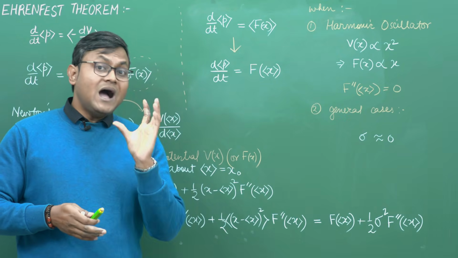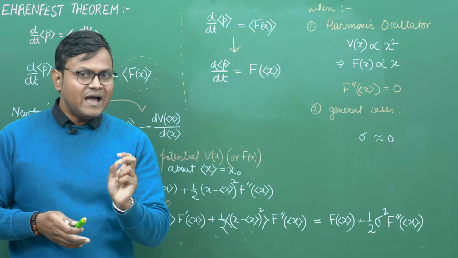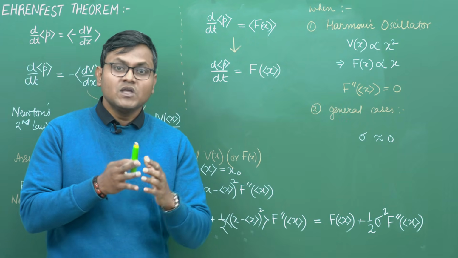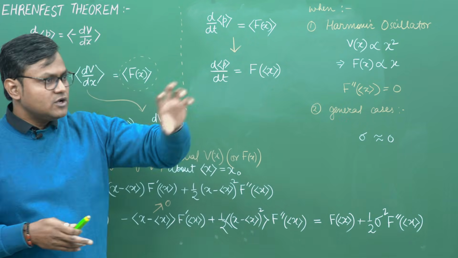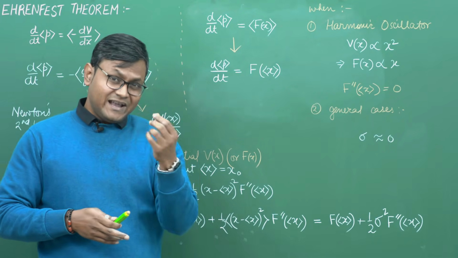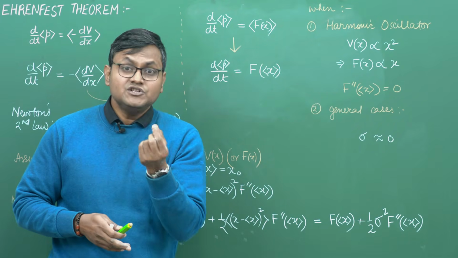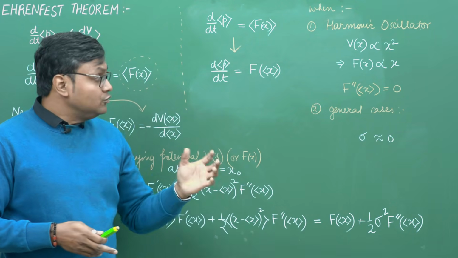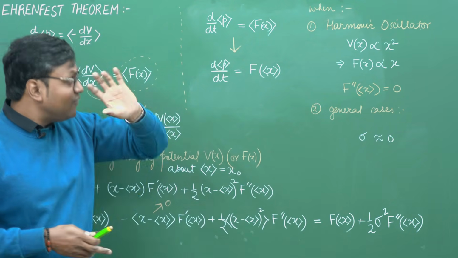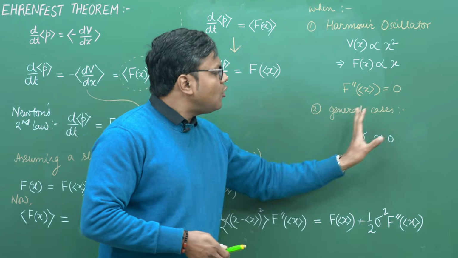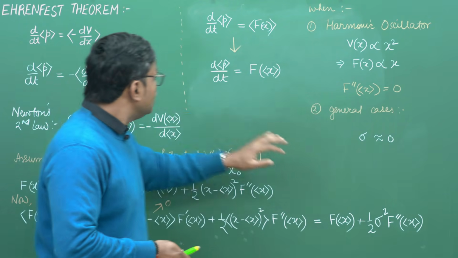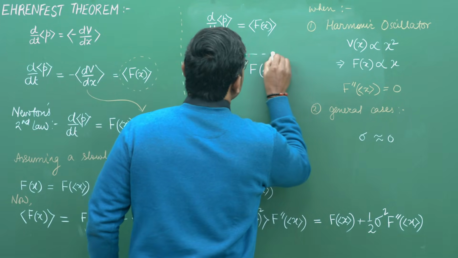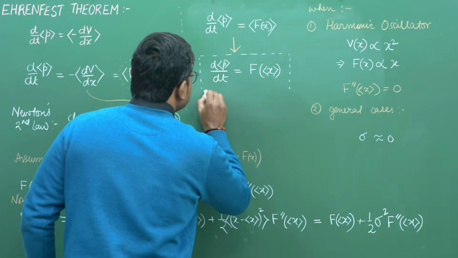If we have a highly localized wave packet, a wave function which is confined to a very tiny region compared to the motion of the particle or compared to the slowly varying potential, then we can say that this is almost equal to 0, and therefore we end up getting Newton's second law corresponding to the expectation values of position and momentum.